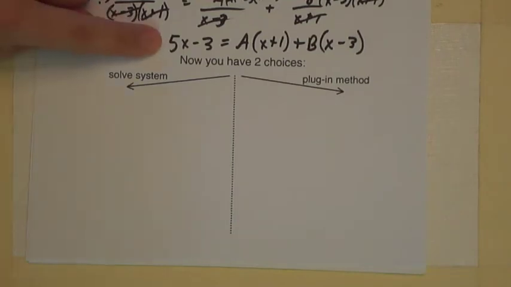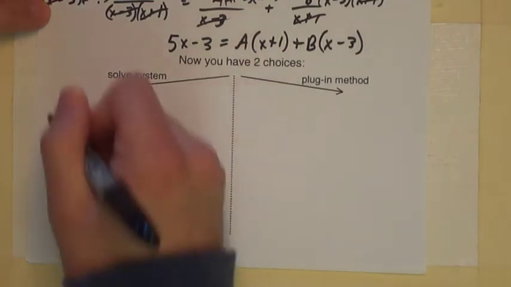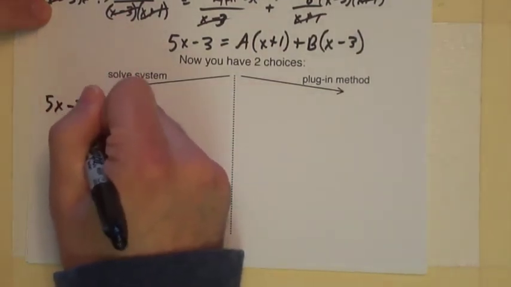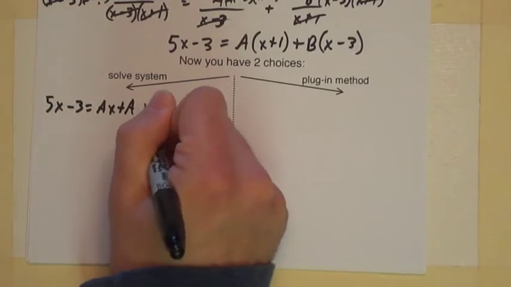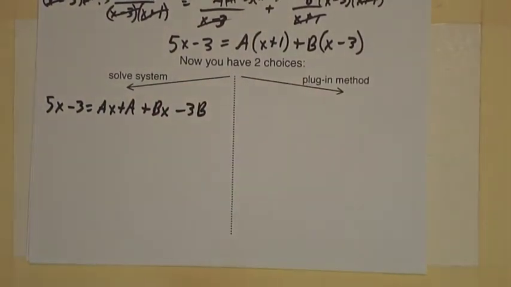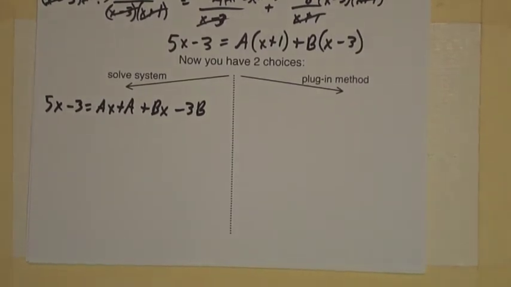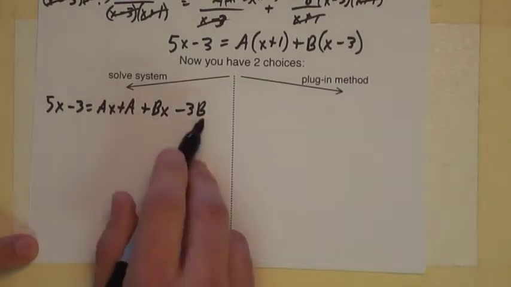You take this equation and first expand it, distribute the a and the b. So we get 5x minus 3 equals ax plus a plus bx minus 3b. And then we're going to collect terms by whether they have an x in them or not.